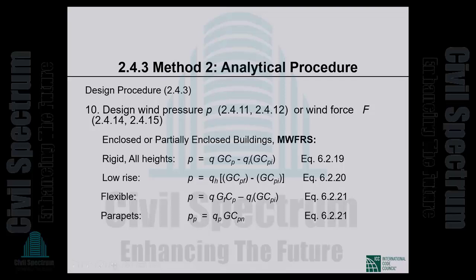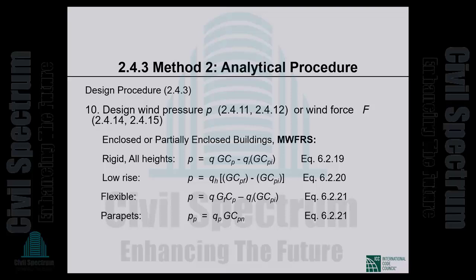Q, the velocity pressure, that is the 0.00613 V squared. Q sub Z, Q sub H, the topographic effect factor, K sub ZT times K sub D times the importance factor.